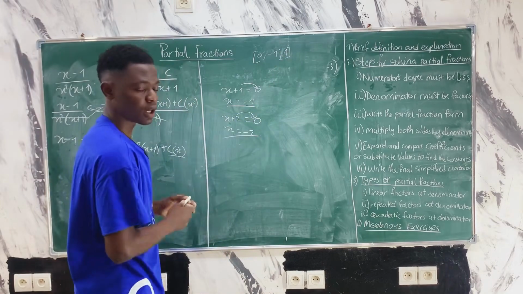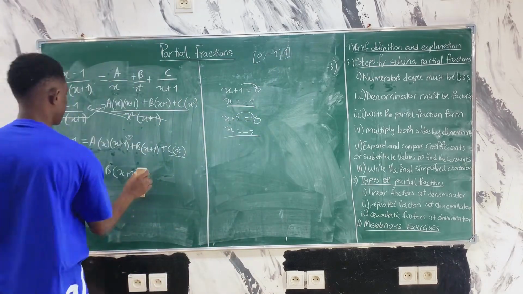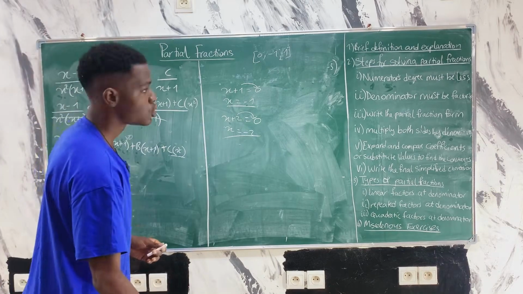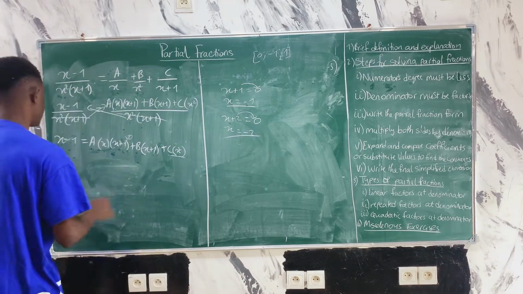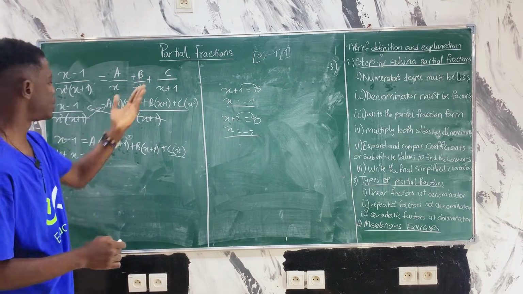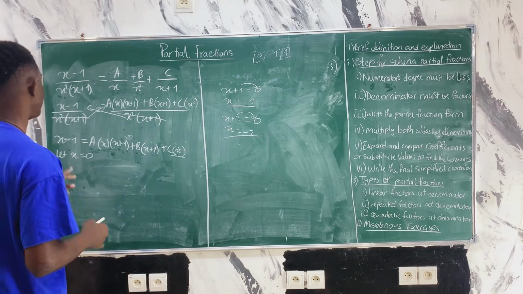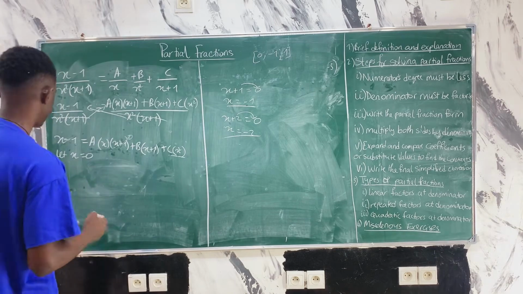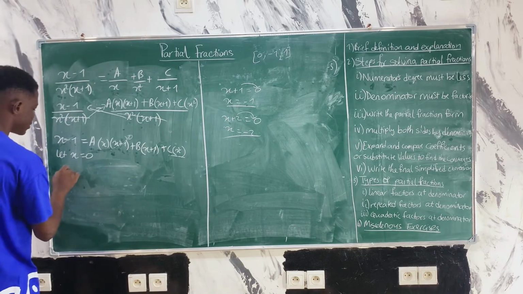So when I have my 3 values, I just start using them. The first thing I do is I let x be 0. When I let x be equal to 0, I replace 0 everywhere I see x. So 0 minus 1 is minus 1.